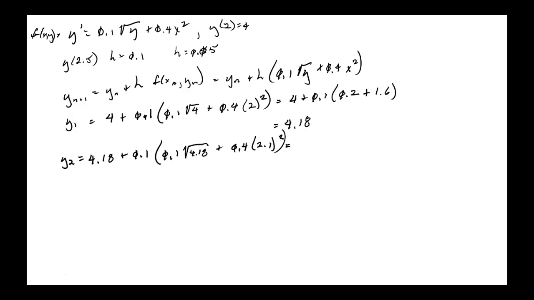Just be careful about closing your parentheses. 4.18 plus 0.1 times open parentheses 0.1 times square root of 4.18. Make sure you close that, because the square root will open one, you close it, plus 0.4 times 2.1 squared, close that, equal.